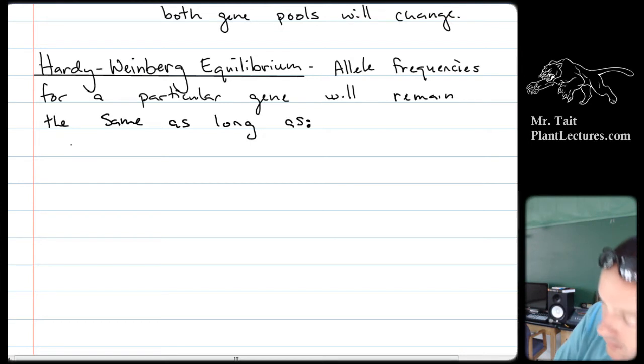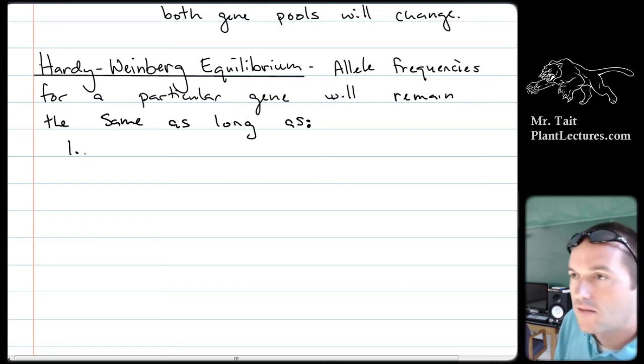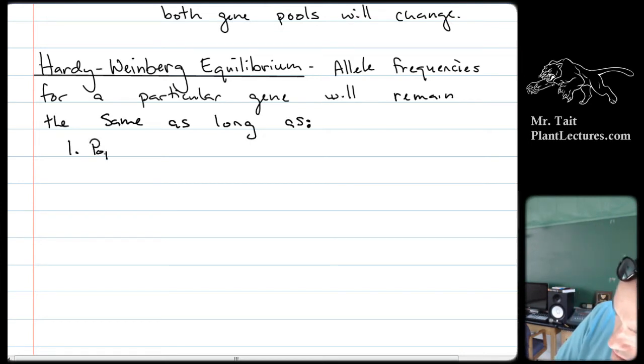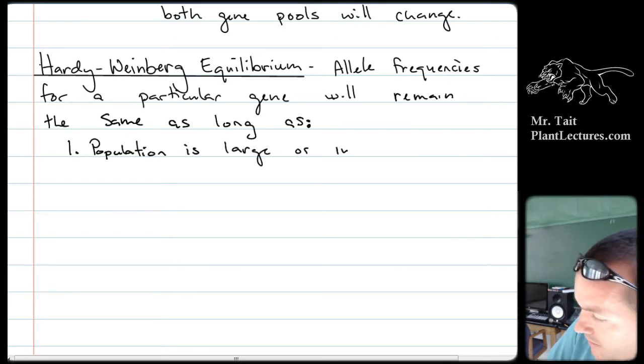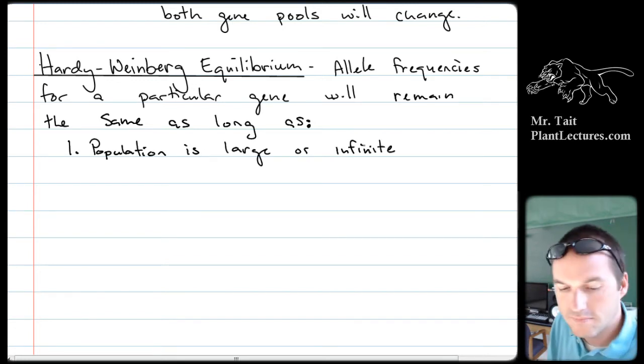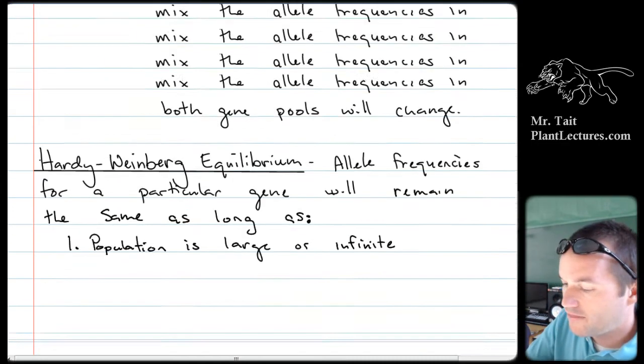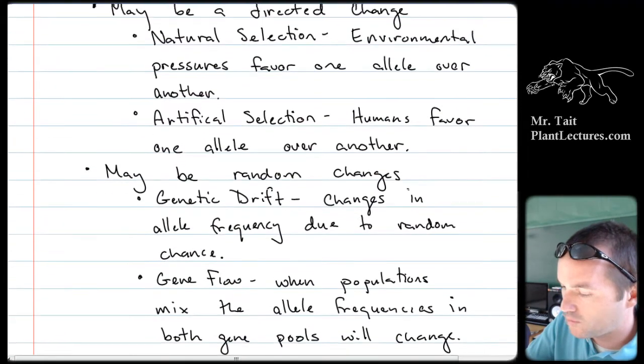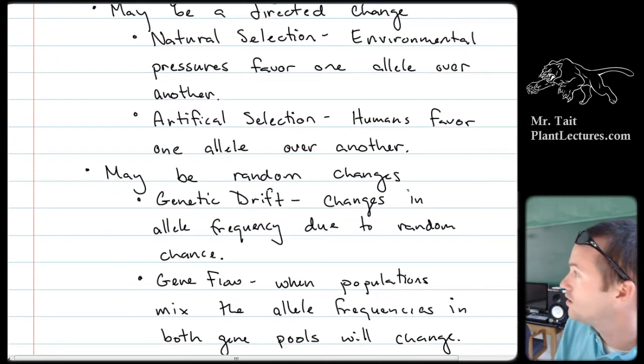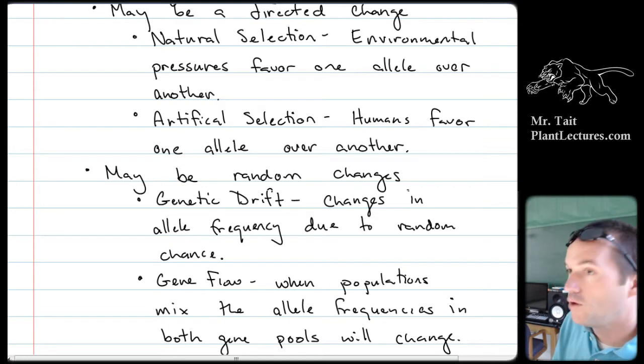Okay, so number 1, the population is large or infinite. Okay, so having a large population, which one of these things up here is controlled by having a large population?